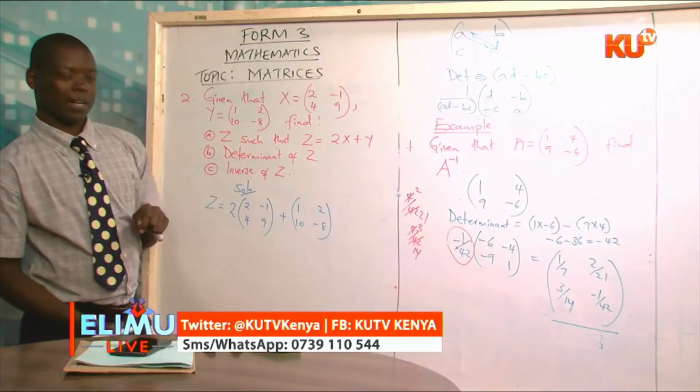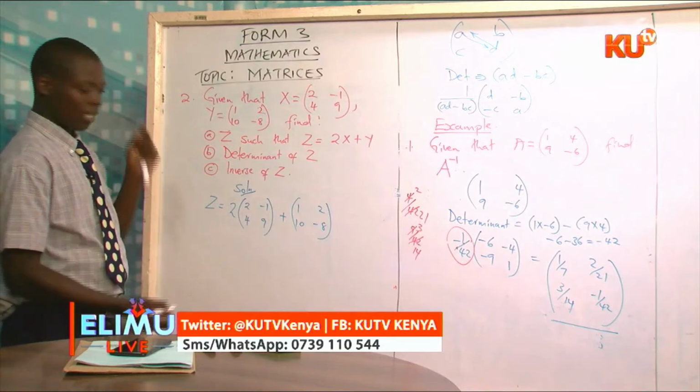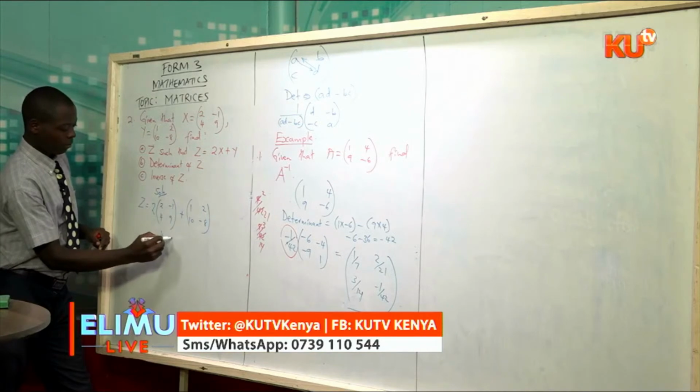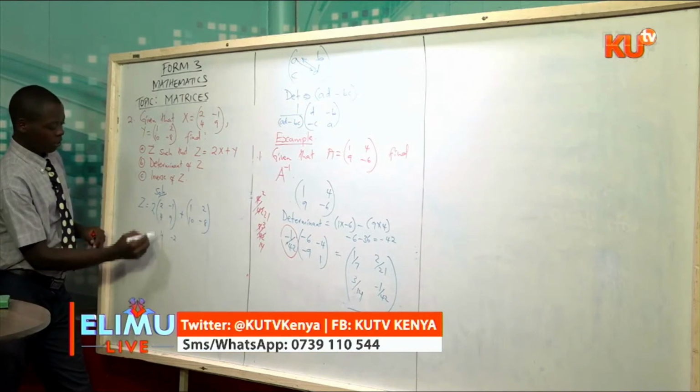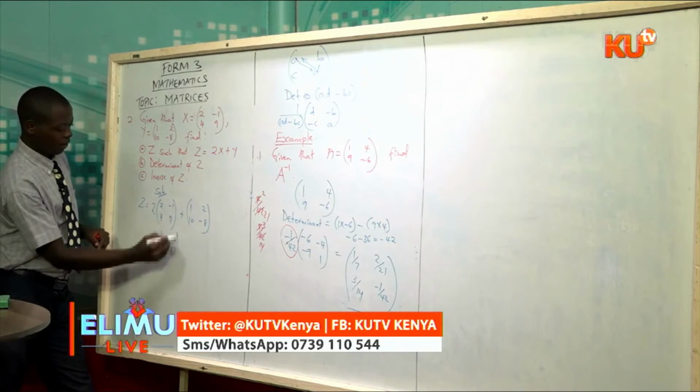Now we expand. Multiply what is outside the bracket by every element in the bracket. So that will be 2 by 2 is 4, 2 by negative 1 is negative 2, 2 by 4 is 8, 2 by 9 is 18.